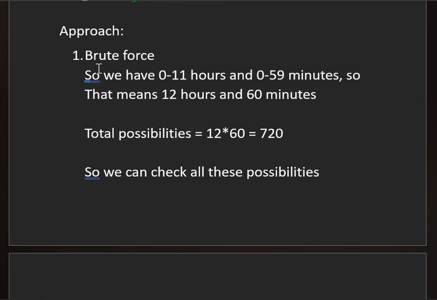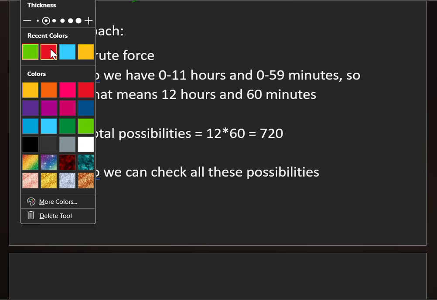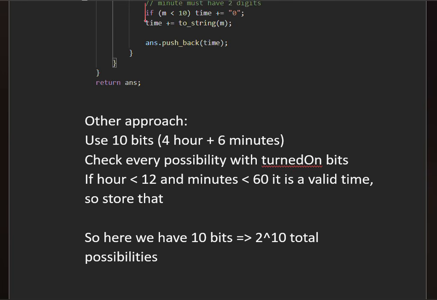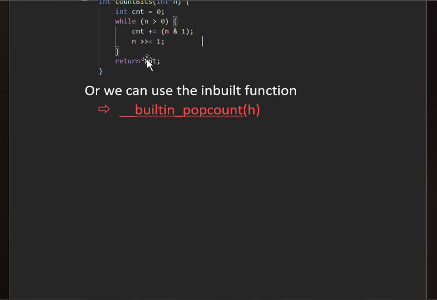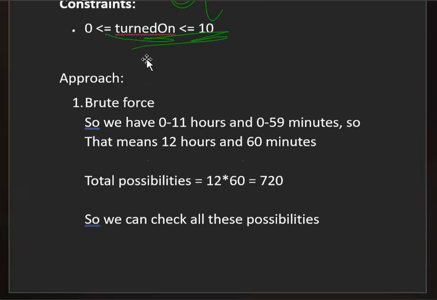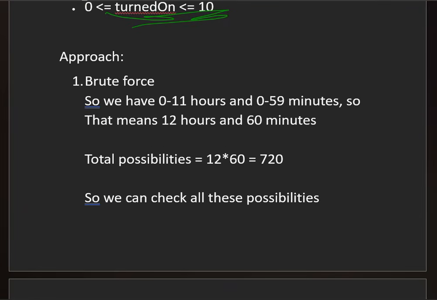So let's see the approach. We will be discussing the brute force approach. Basically our hours can be from 0 to 11 and minutes can be from 0 to 59.